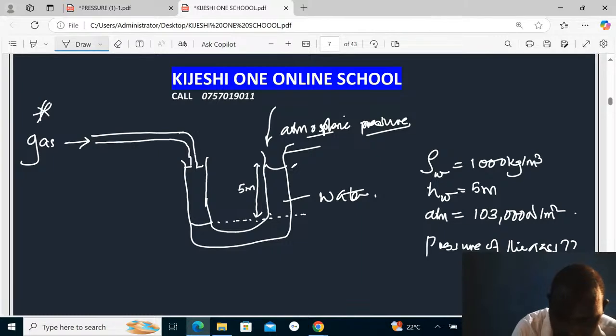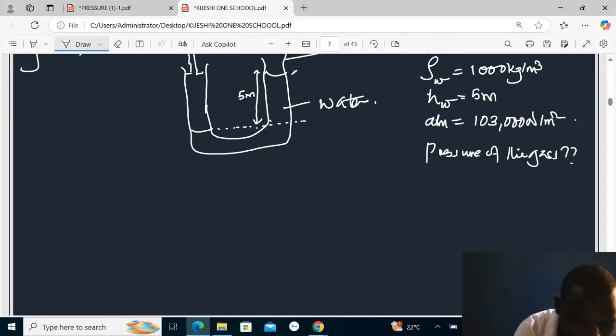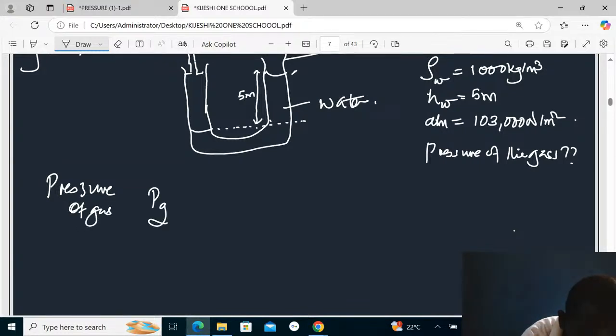And it is in this case where we need to say that pressure due to gas will be given by height rho g, this is pressure due to water, plus atmospheric pressure.